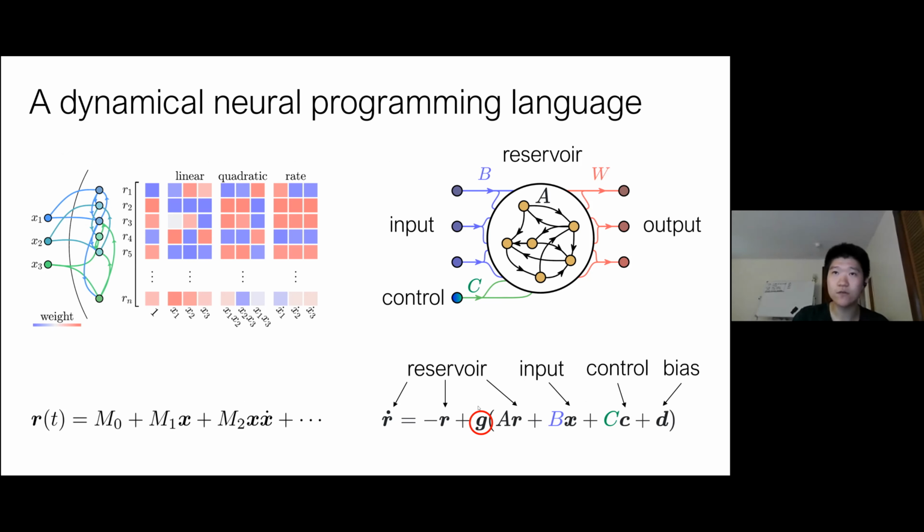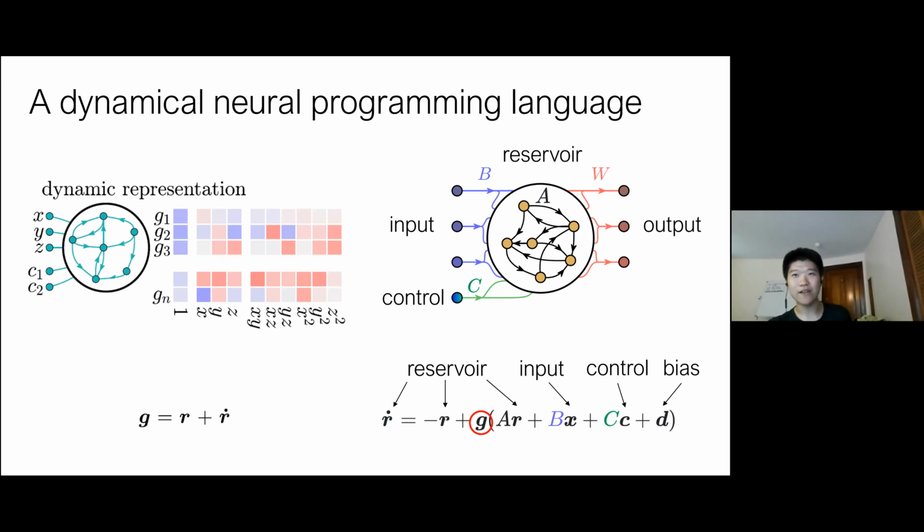And so instead of using R in our programming, we're going to use G. Before, we wrote out R of t as functions of X, and then we wrote algorithms that way. Now we're going to replace R with G. The benefit of doing that is, if you rewrite these equations, G is going to equal R plus R dot.